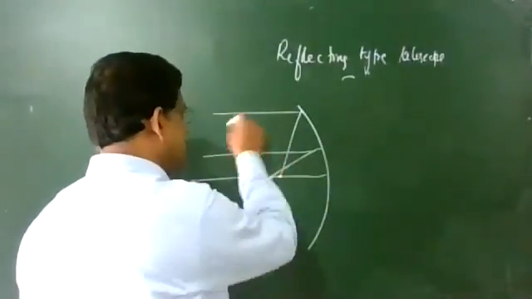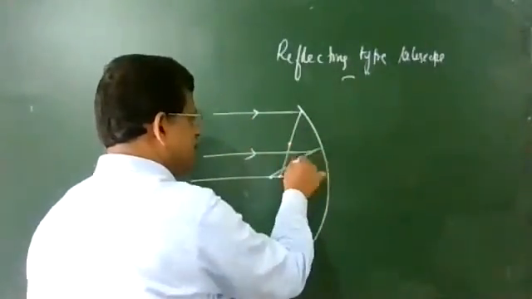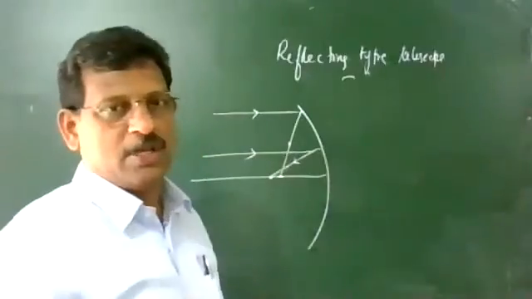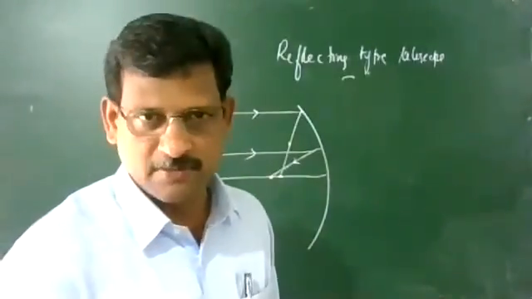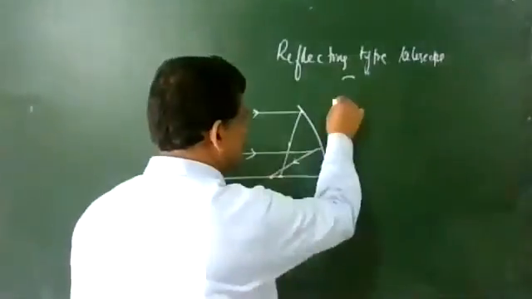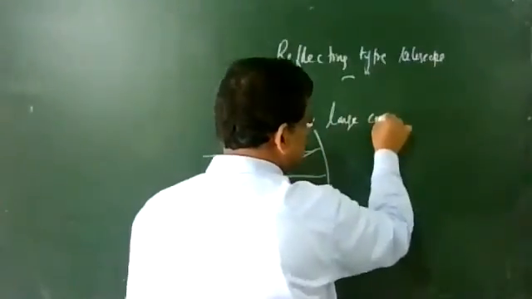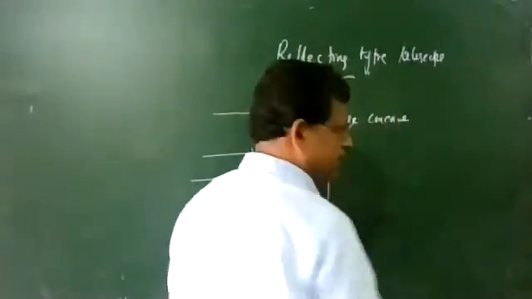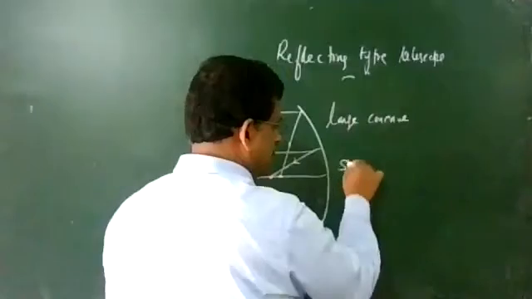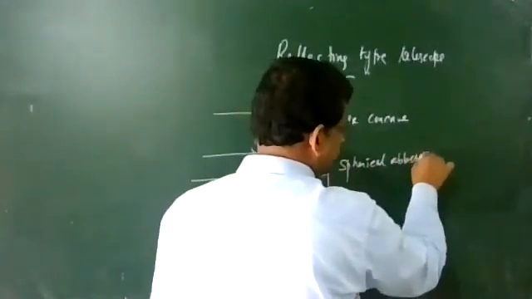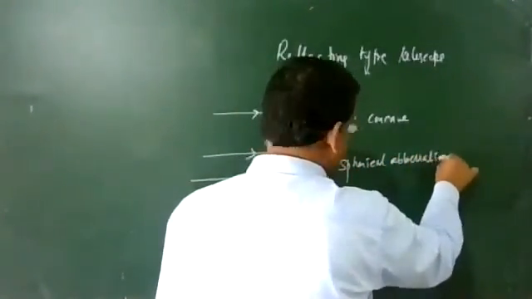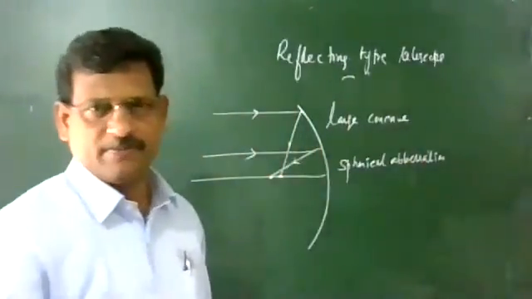The paraxial and marginal rays after reflection do not come to a single point on the principal axis, so the image is blurred. This is in the case of a large concave mirror, meaning large aperture, commonly called spherical aberration.